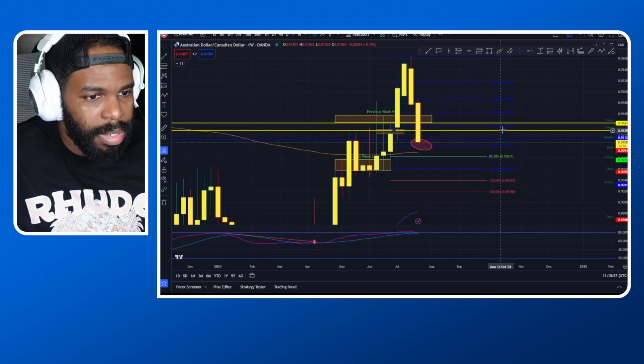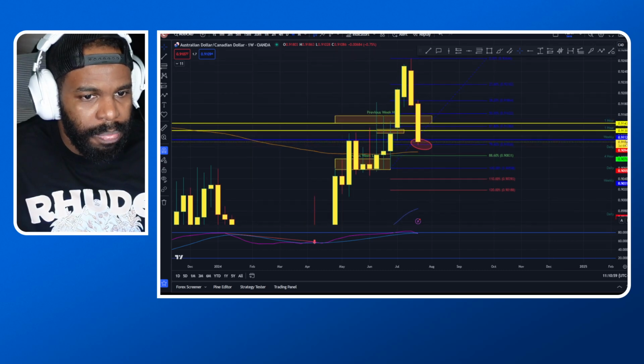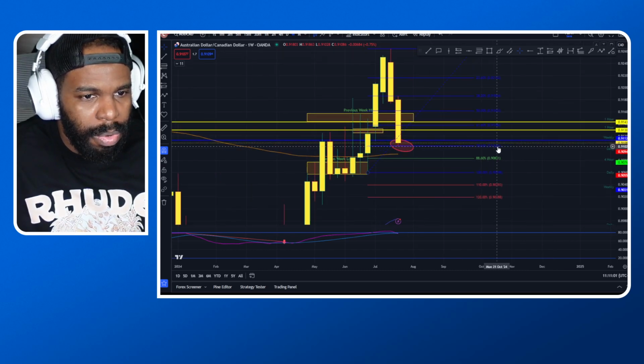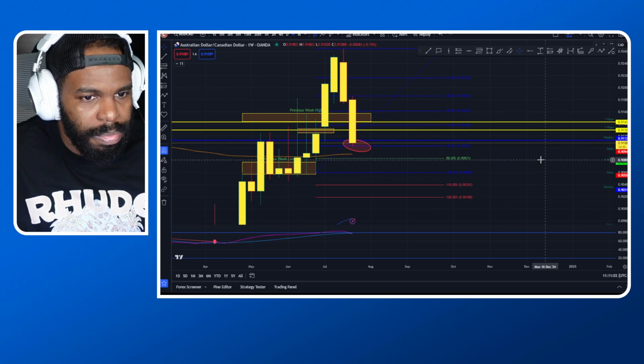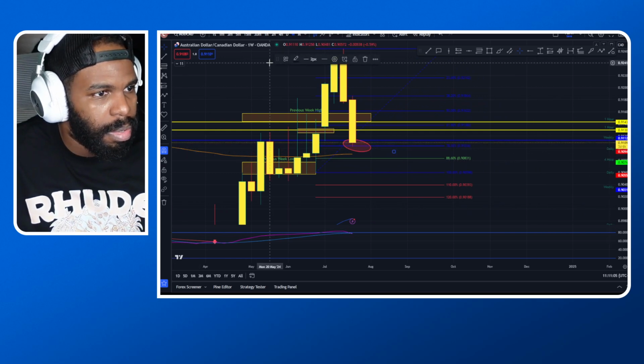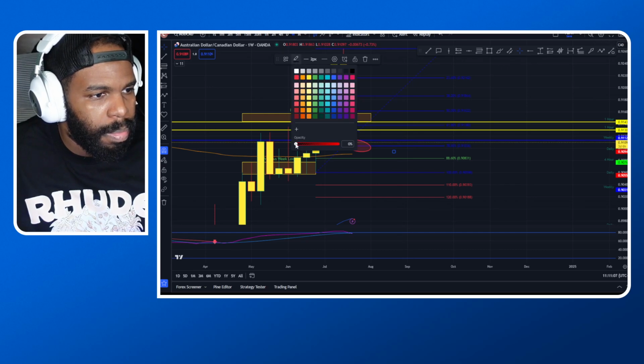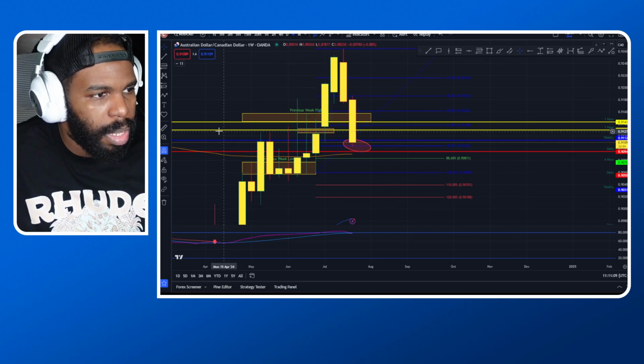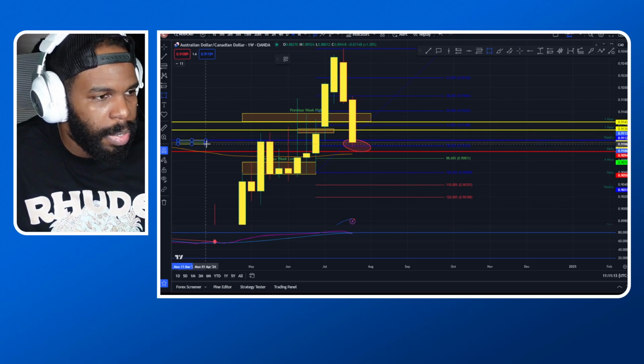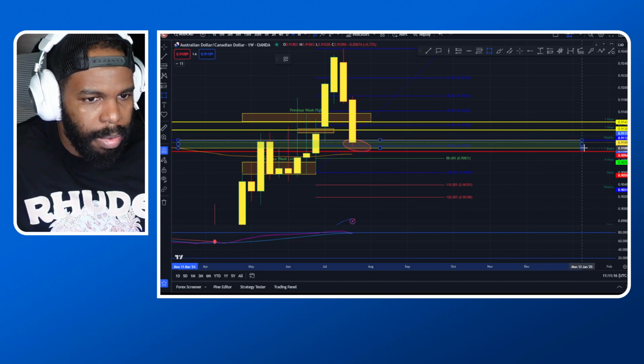And in this case, the area of interest for the weekly is this 78.6 Fibonacci retracement level. Okay, if I even bring this here, I can even make a little zone in this area right here as well, between the daily, between the weekly and the 4 hour.